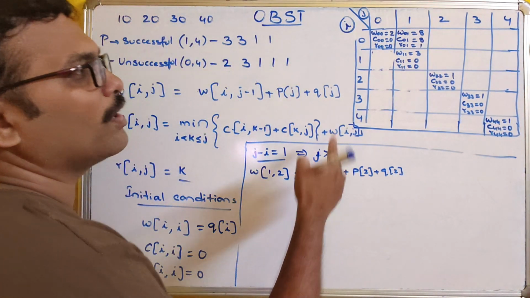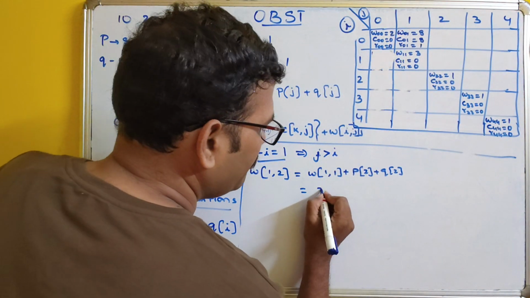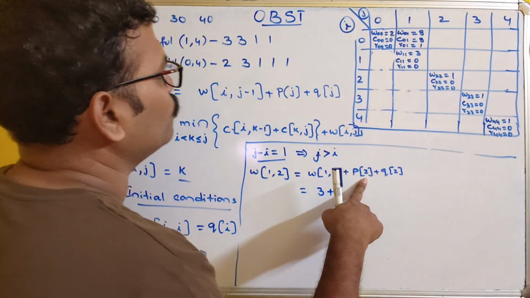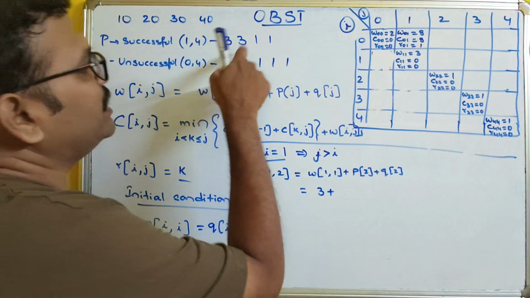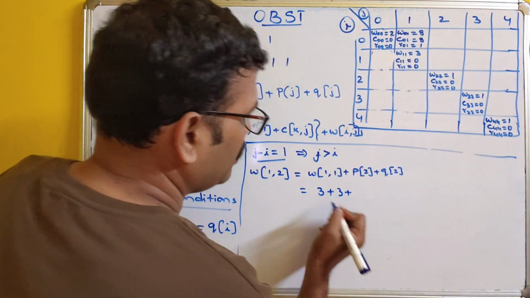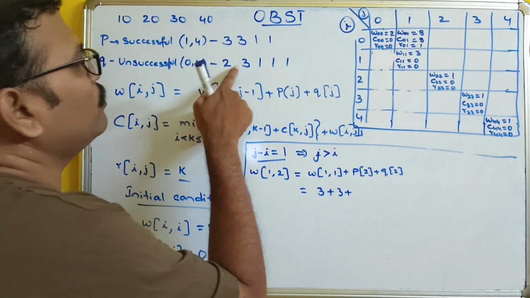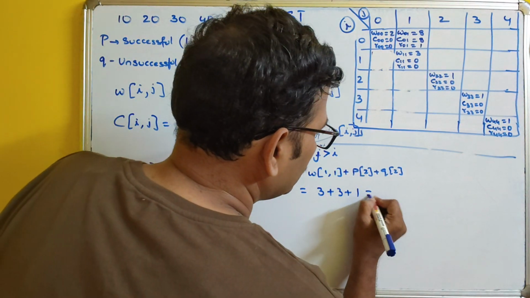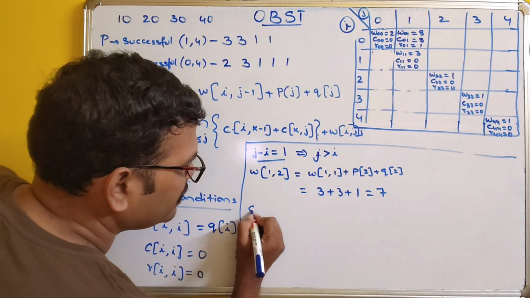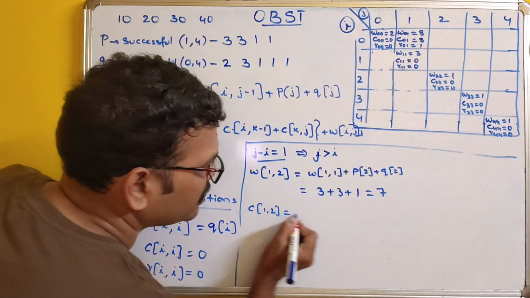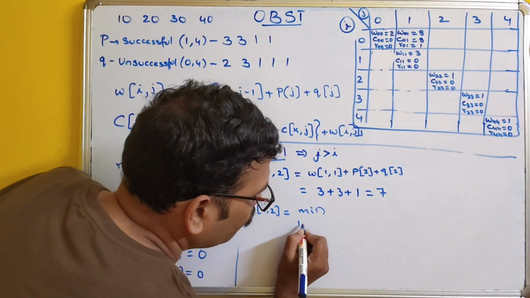So W of 1 1 is 3, plus P of 2, which is 3, plus Q of 2, 0, 1, 2, it is 1. So which is 7.